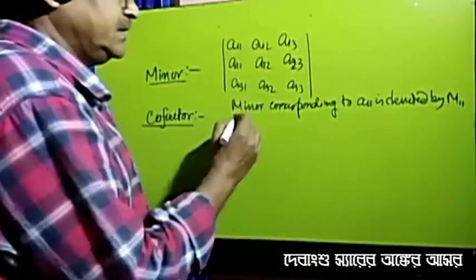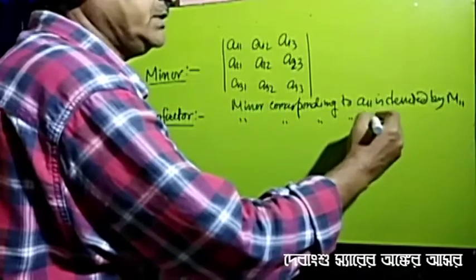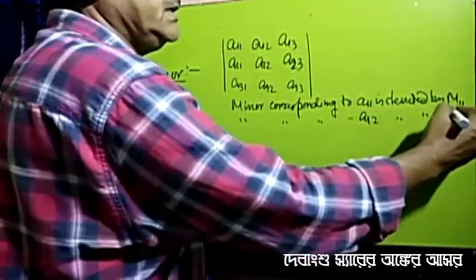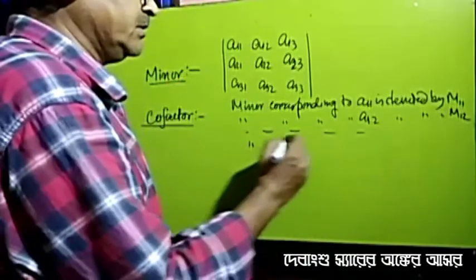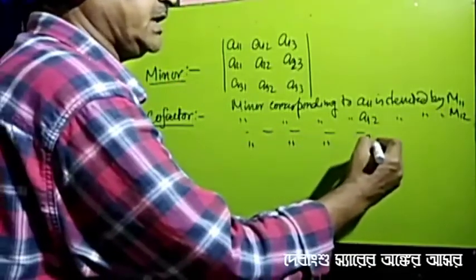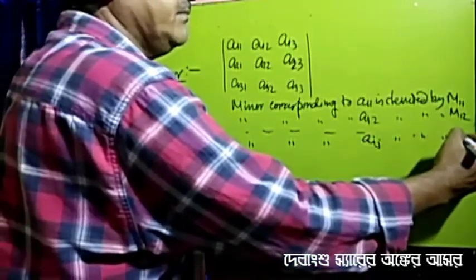The minor corresponding to a12 is denoted by M12. Likewise, the minor corresponding to aij is denoted by Mij.